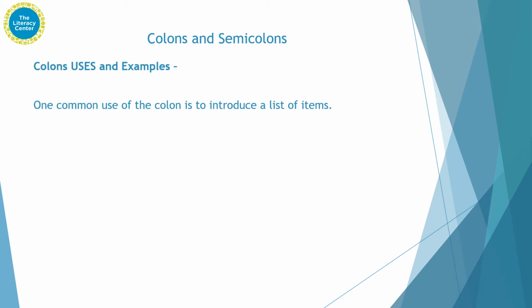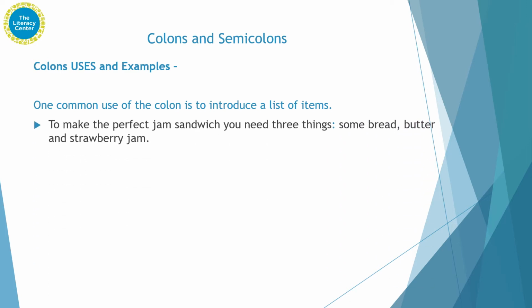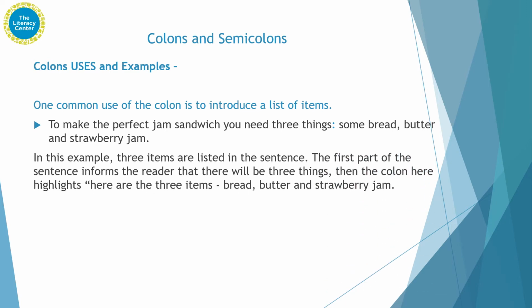One common use of the colon is to introduce a list of items. Let's see this example here. To make the perfect jam sandwich, you need three things: some bread, butter, and strawberry jam. This is one perfect jam sandwich, right? So in this example, you can see three items are listed in the sentence.